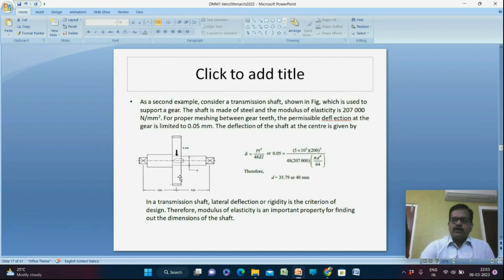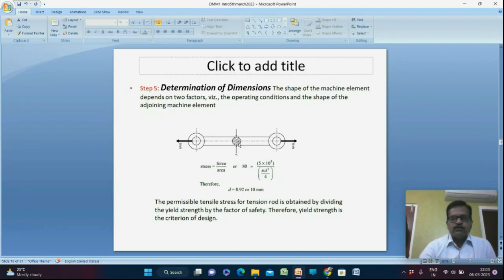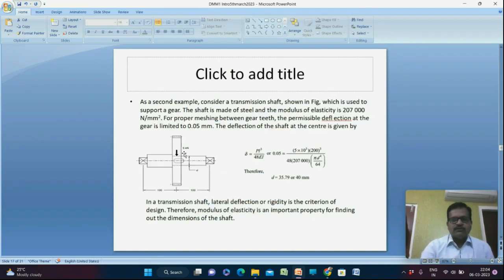Here also a 5 kilonewton load is applied. In the earlier case also a 5 kilonewton load is applied, but that load is applied in the axial direction and is tensile in nature, which resulted in a dimension of 10 mm, whereas this 5 kilonewton applied at the midpoint of the bar, supported at its ends in a simple support manner, gives a dimension of 40 mm.